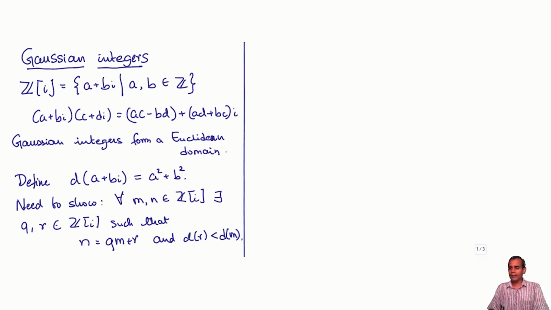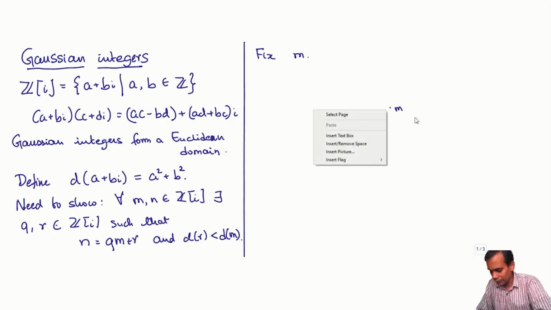Okay, and this is essentially a geometric argument. To understand this, firstly you fix m. In the complex plane you can think of m as a vector. So you have 0 and then you have the vector m, the complex number m, and you can draw a vector from 0 to m.